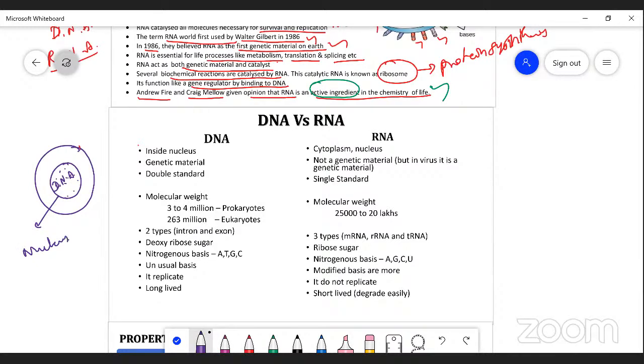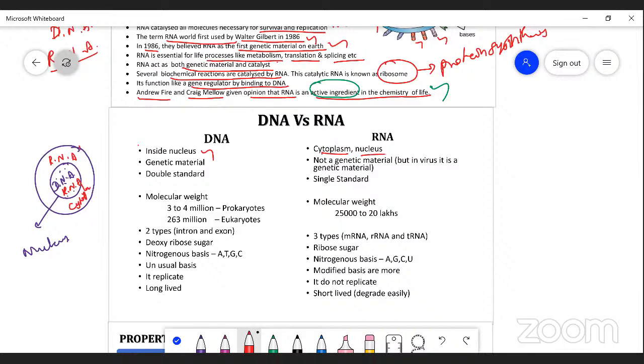RNA is present in the cytoplasm. Only DNA is present inside the nucleus, while RNA is present in the cytoplasm as well as the nucleus.